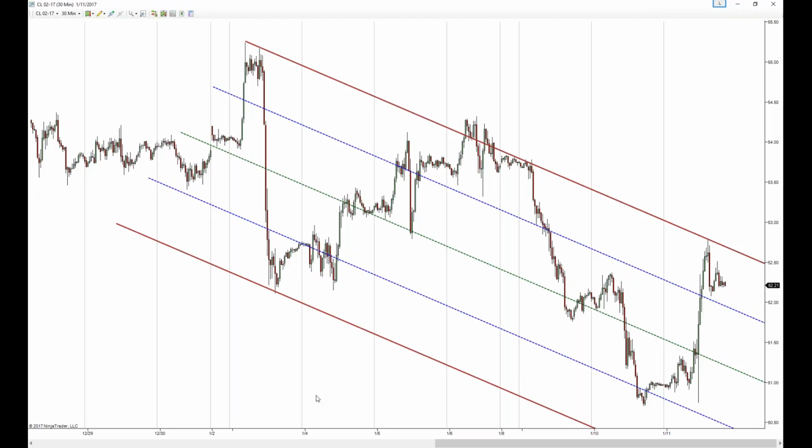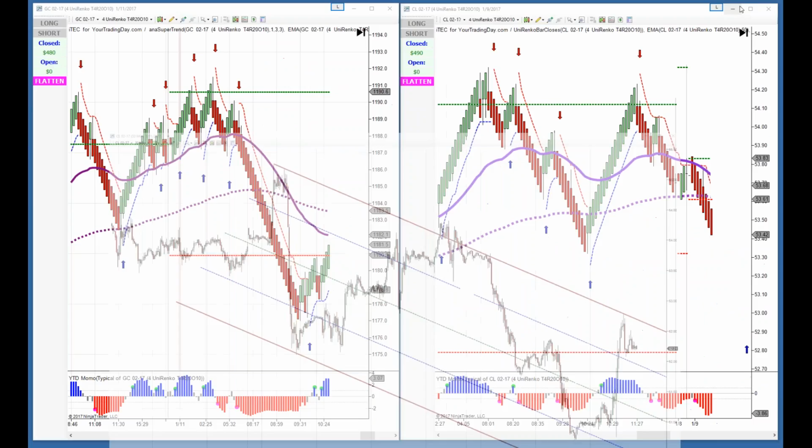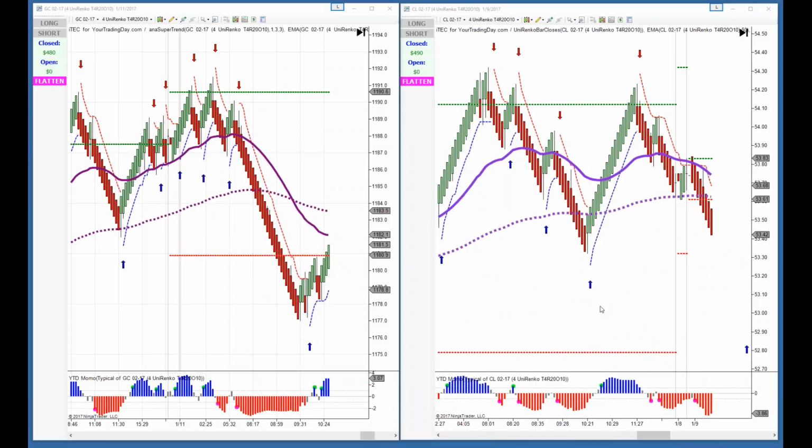After we get done with the 30-minute chart and the analysis, the next thing we want to do is go to what I call our trading charts, where we trade from.